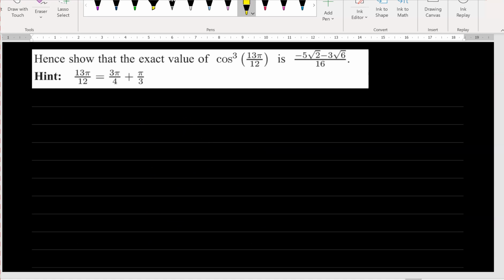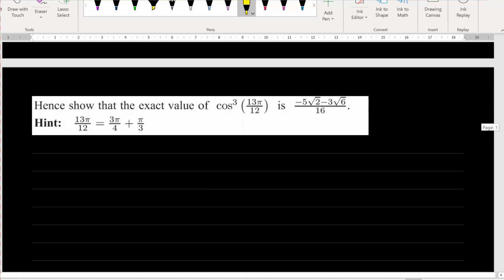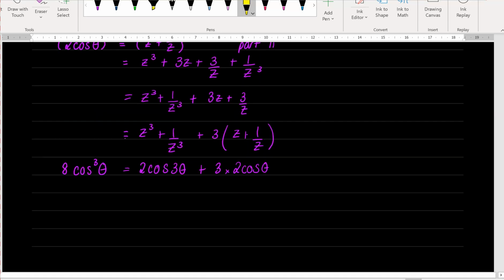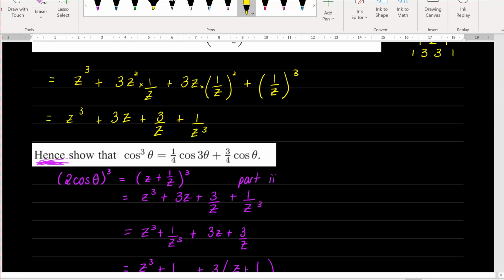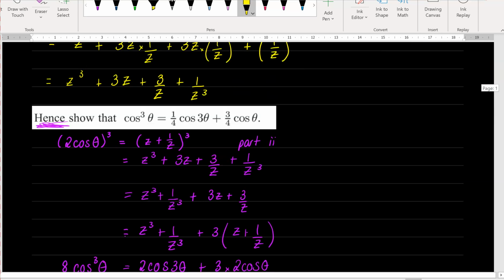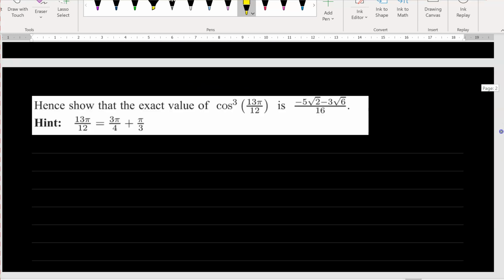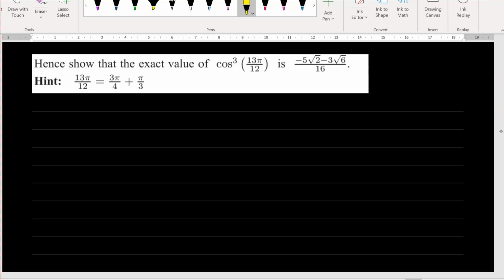We've got this last bit here. We've got show the exact value of cos cubed of this expression here. So using what we just had before, they've just given us this bit here, cos cubed, because once again they've gone hence, so you must use what we've just had. We can say that theta is 13 pi on 12. So start getting used to actually writing down your thoughts.